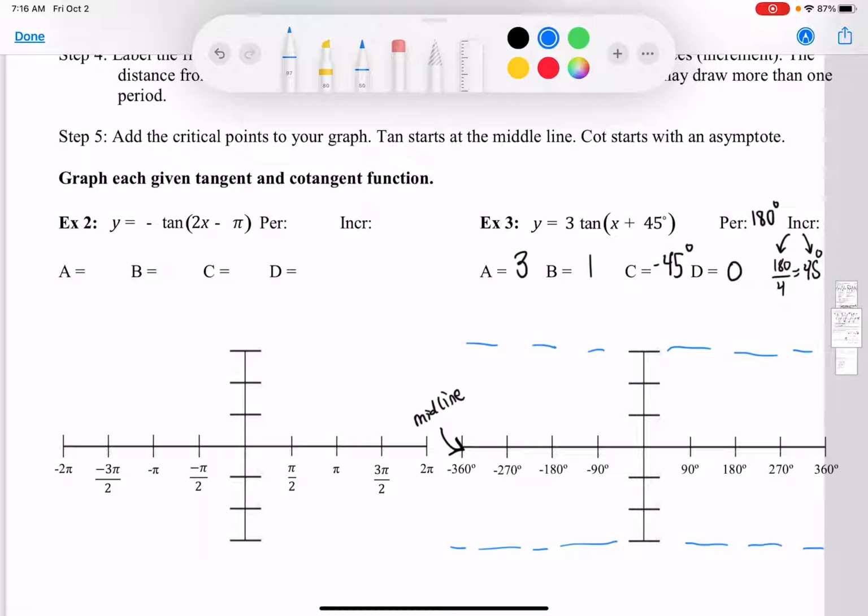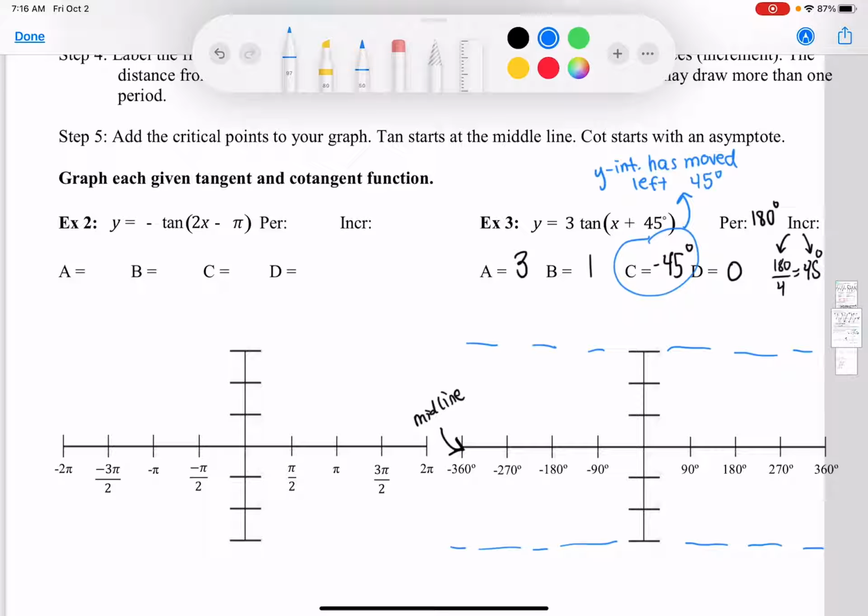Well, if C is -45 degrees, that means that initial point, my y-intercept, has moved to the left 45 degrees. So let's write that. I'm circling that. So the y-intercept has moved left 45 degrees.